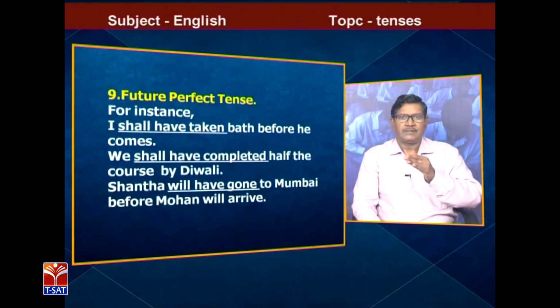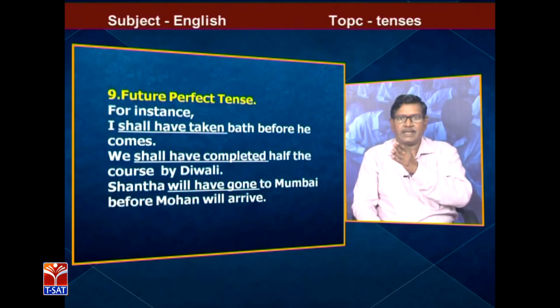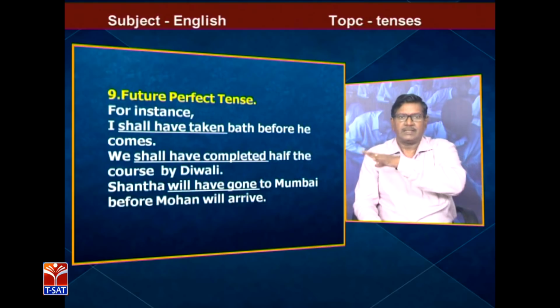That means the action will be completed before a certain point of time in future. I shall have taken bath. Taking bath will be completed sometime in future before he comes. వాడు వస్తాడు, వాడు రాకముందు నేను స్నానం చేసి రెడీగా ఉంటాను.